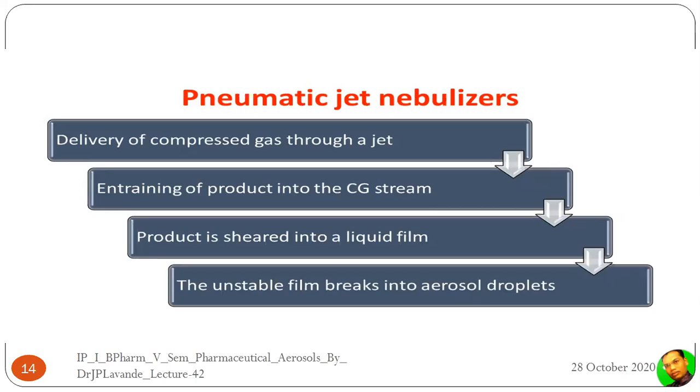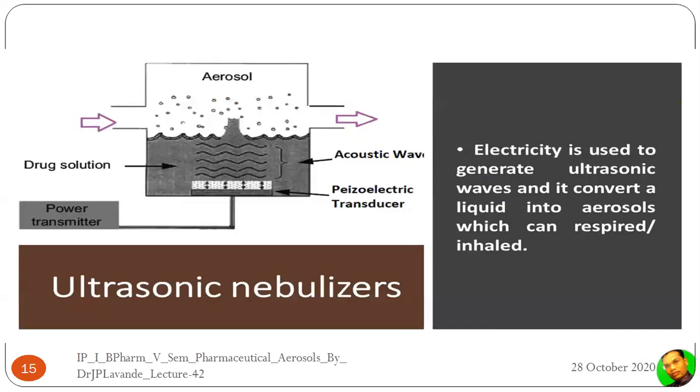The product is sheared into a liquid film, and the unstable film will break into aerosol droplets. That is because of the effect of the compressed gas. It will carry out the process of releasing, shearing and breaking the product in the form of droplets.